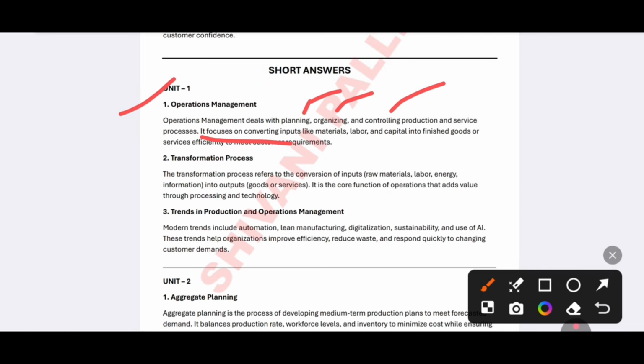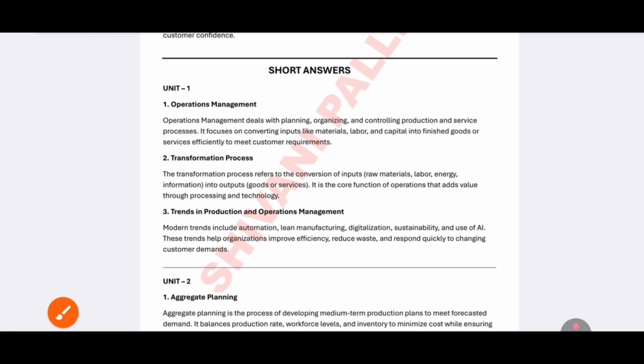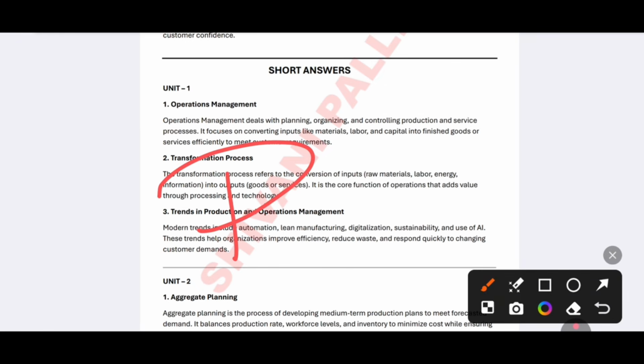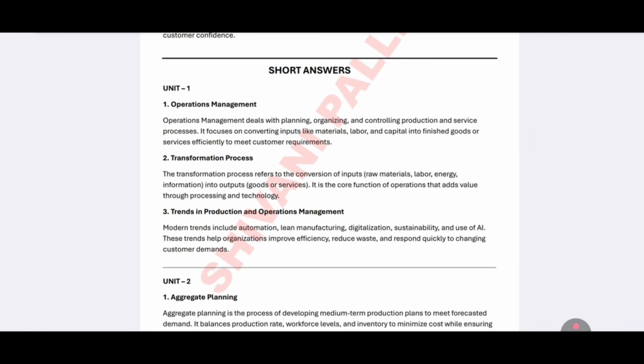Mainly it focuses on the inputs like materials, labor, capital, whatever inputs we have. That means converting the raw materials into consumer goods or finished goods, or giving the service to the customers effectively and efficiently.